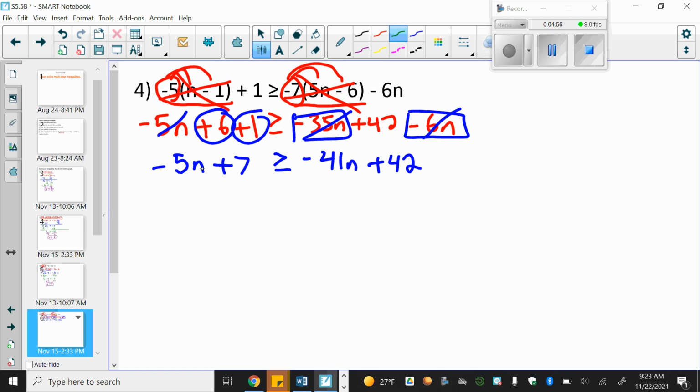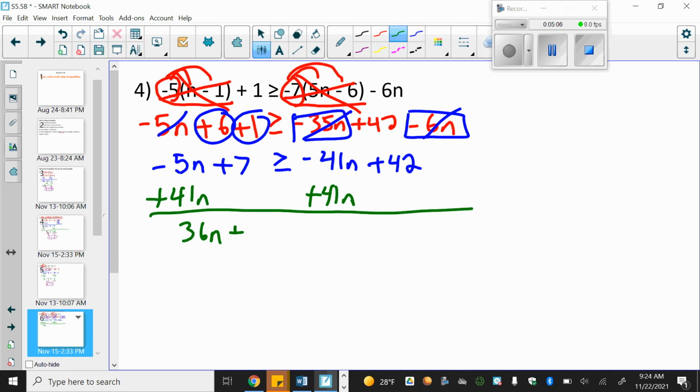Then I'm going to move my letters to one side. So I'm going to add 41n and add 41n. 36n, bring down that 7, greater than or equal to 42. Oh, man, I miswrote this. Let's go back in. Let's correct this.